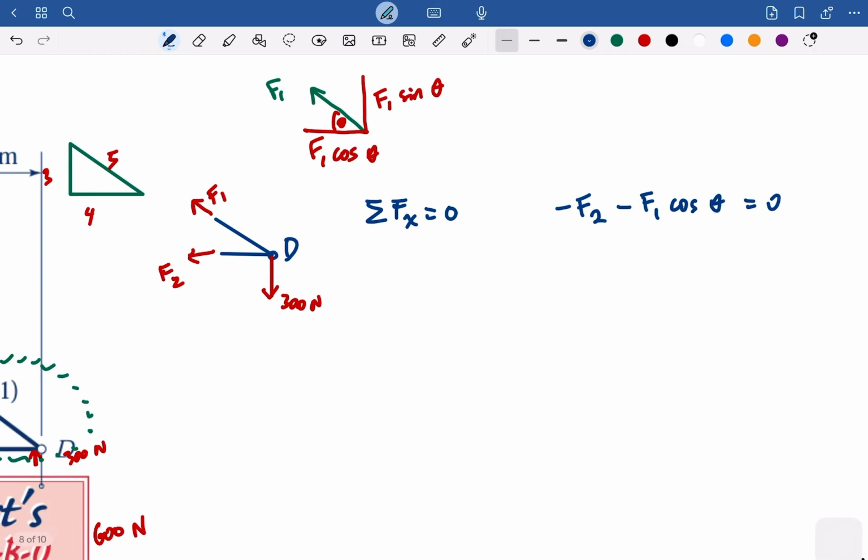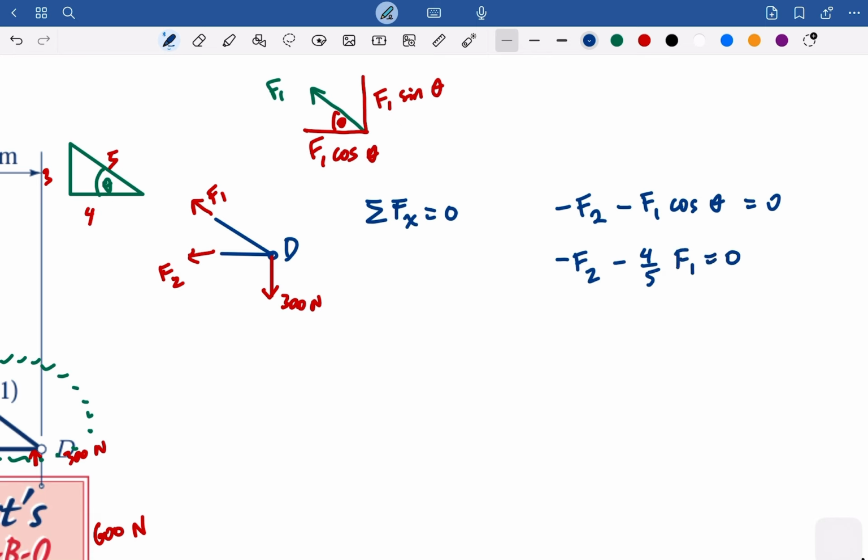Cosine theta is basically 4/5, right? If this is theta here, cosine is 4/5. So we could write negative F2 minus 4/5 F1.